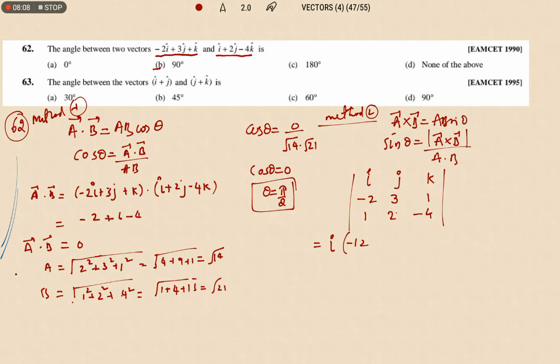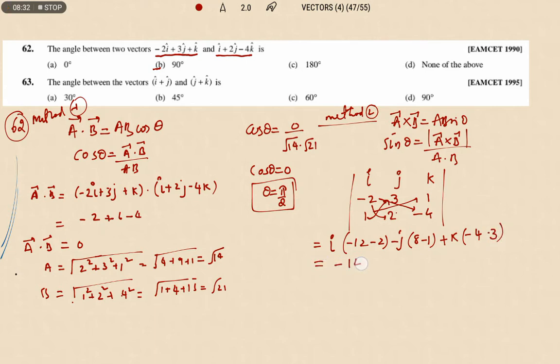So minus 1 into 2, minus 2 minus j. So 8 minus 1, 8 minus 1. Next, plus k, 2 into minus 2 minus 4. So 1 into 3 minus 3.